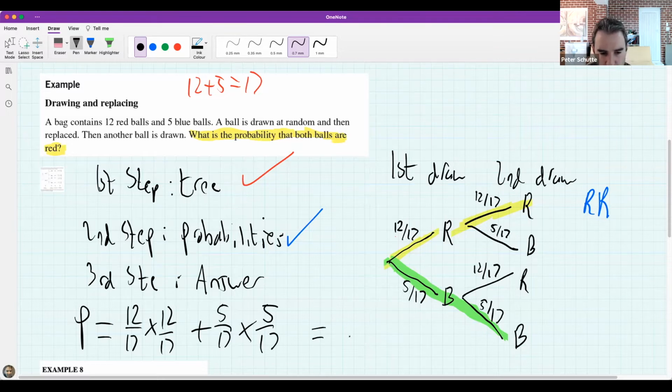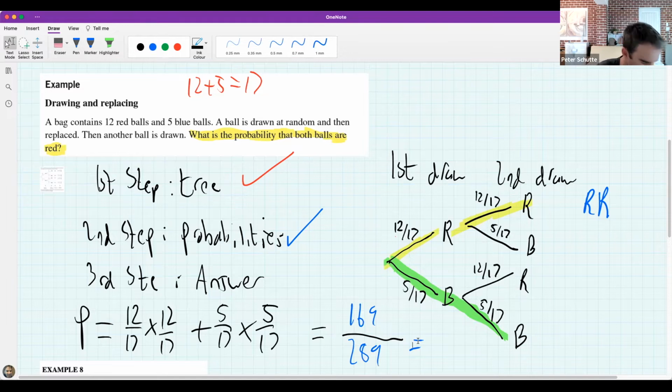For that, it's still over 289, but this one over here is going to be 169. And in terms of decimal, it's going to now be 58.5%. So it's more likely, a higher probability than the earlier one.